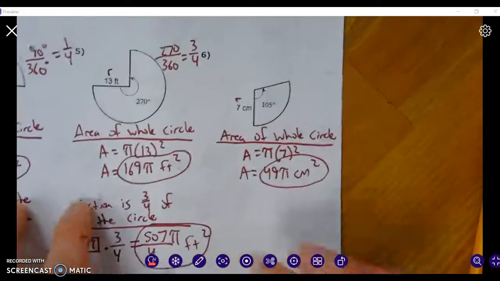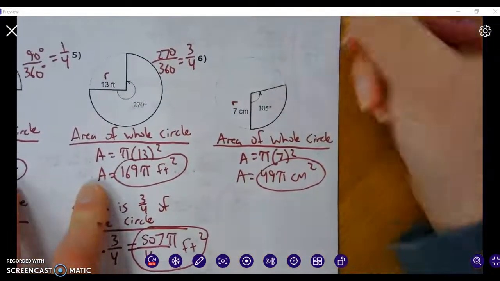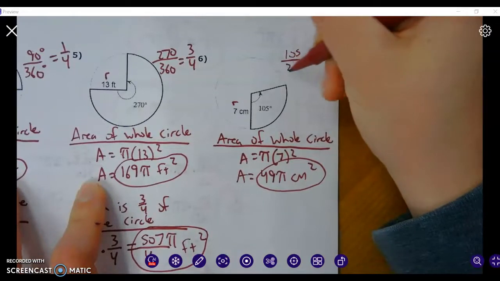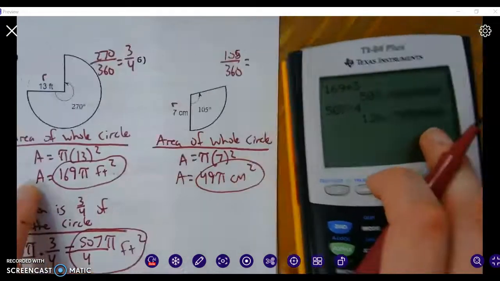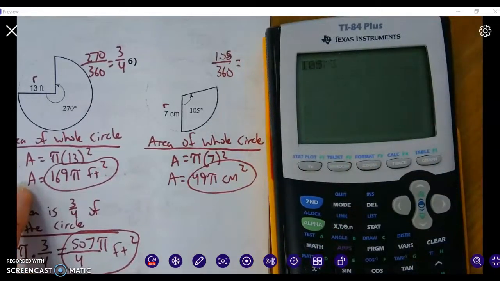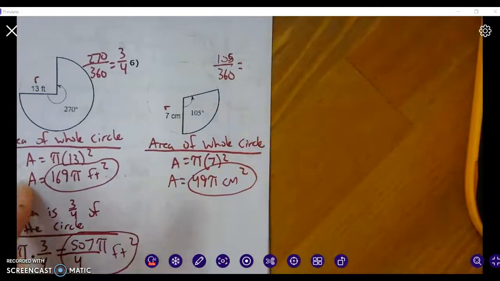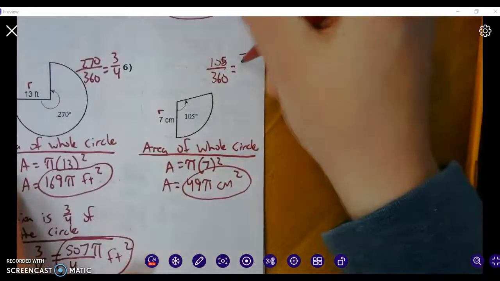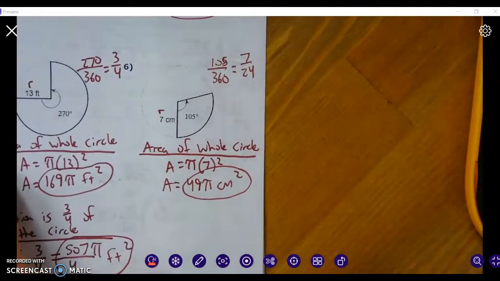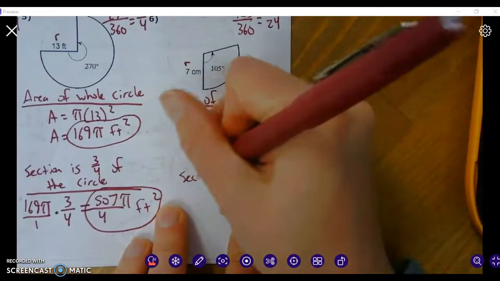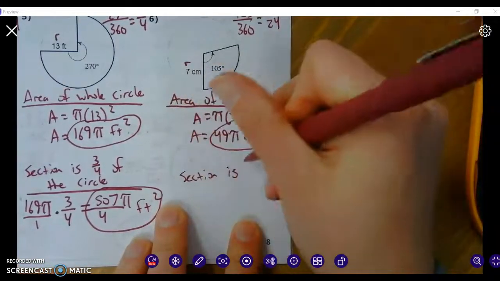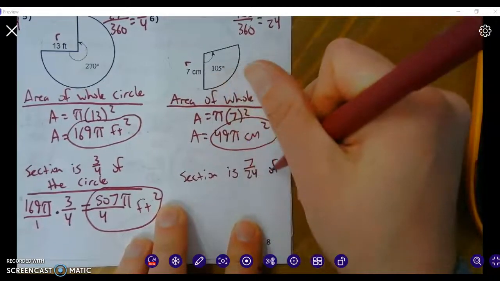Okay, then this last one. So we've got 105 degrees out of 360. So let's check what that decimal is. Okay, so that is 7/24. Okay, so the section is 7/24 of the circle.